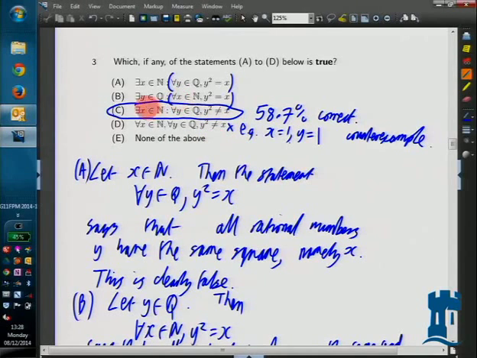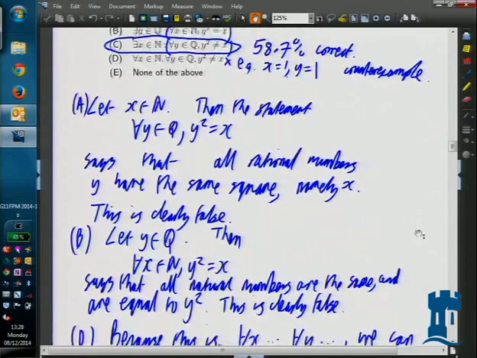Okay, so what's going on with C? Well, again, I'll put a bracket round the middle thing. If you take an x in the natural numbers, you have to figure out what this statement about x means. This one says, for all y and q, y squared is not equal to x. What that says is that the square root of x is irrational.